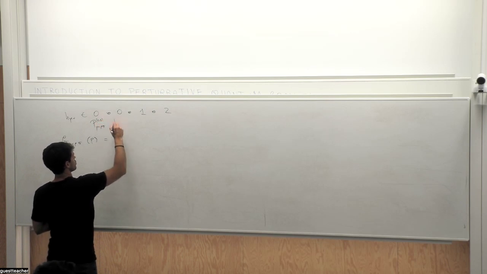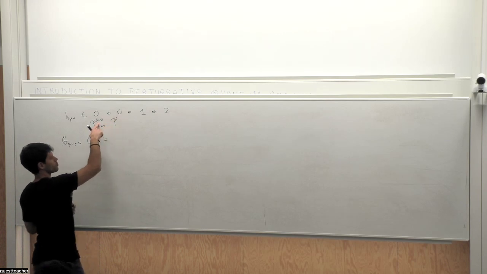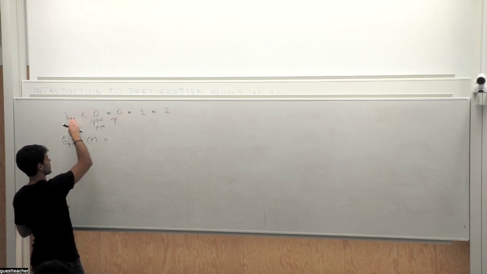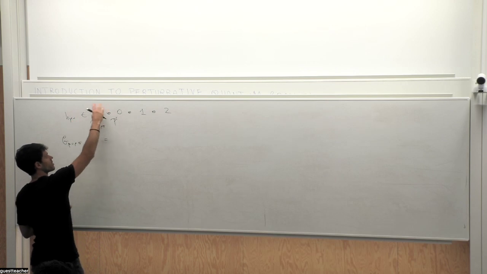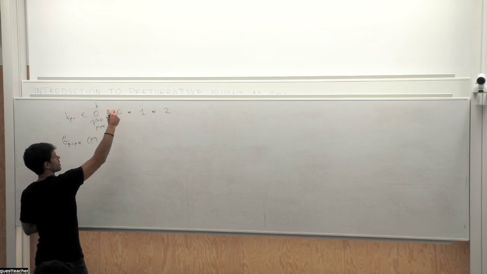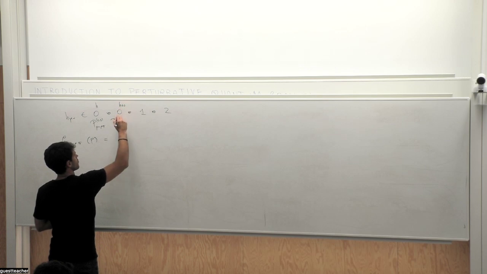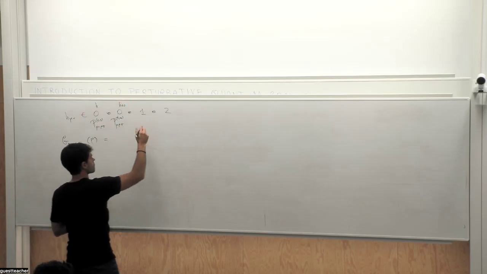I call this the spin 0 projector, that if it acts on this H mu nu, it will only give me the trace. Then I define another operator that if it acts on H mu nu will give me only the 0, 0.